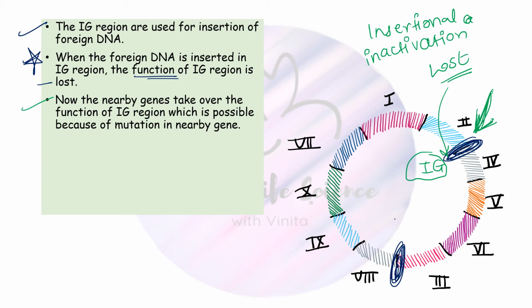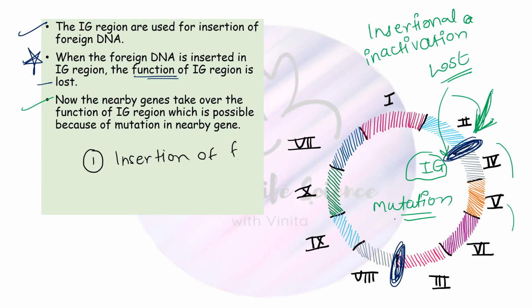The nearby genes, for example, second gene or fourth gene or fifth gene, can take the responsibility of the IG region. Means the side-by genes can take over the function of regulation of gene expression, which can be possible only by mutation in nearby genes. So what happens? The first thing is insertion of foreign DNA.